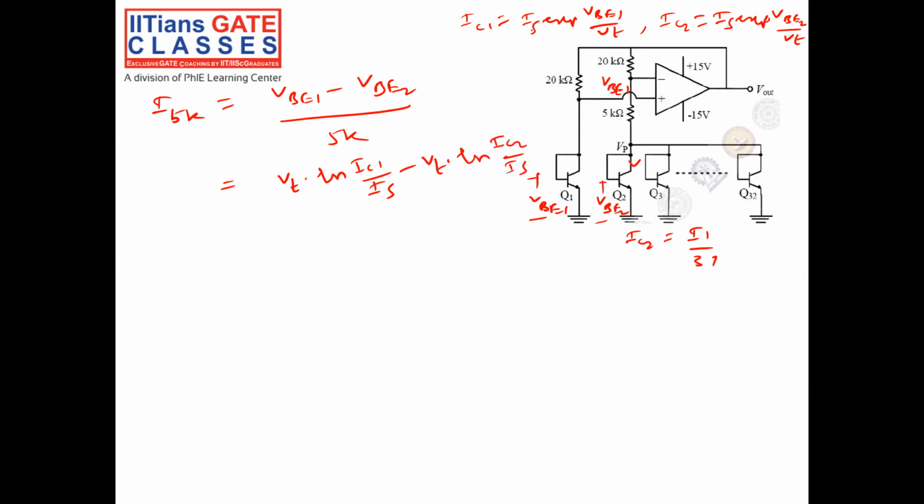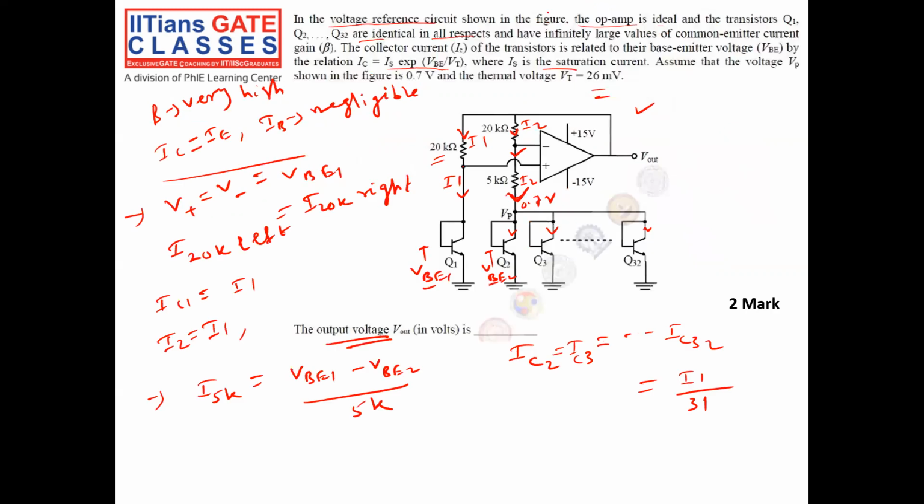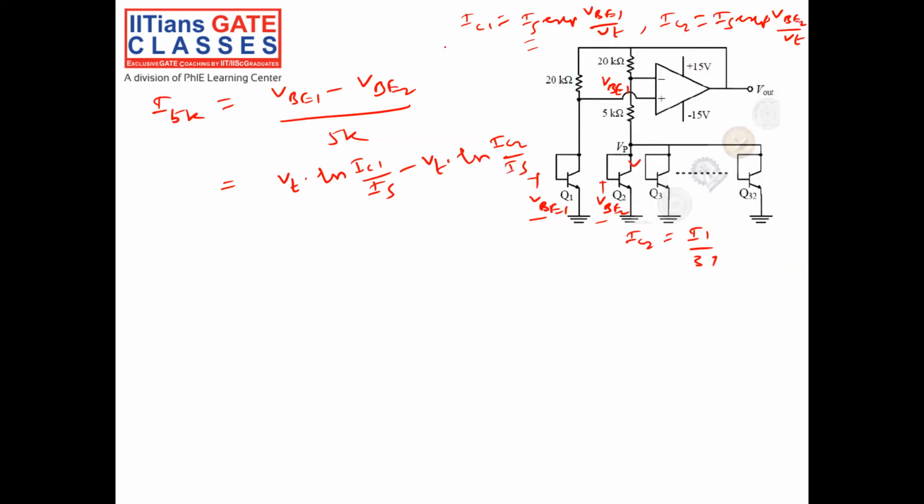Why do I have the same IS? Since the transistors are exactly identical, the reverse saturation current should be the same. Q1 to Q32 are all identical, so IS is the same for both currents.